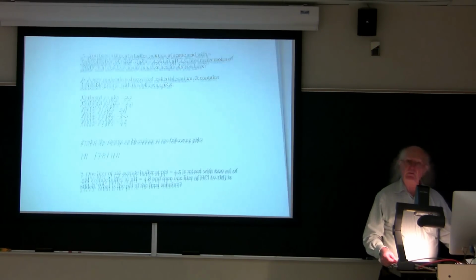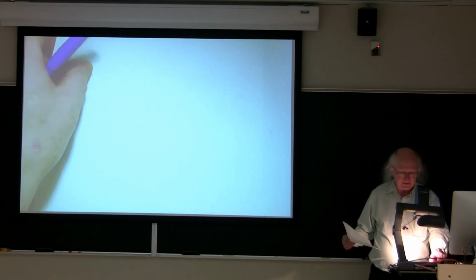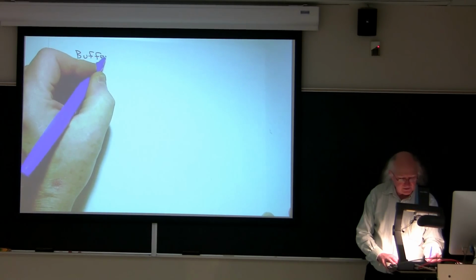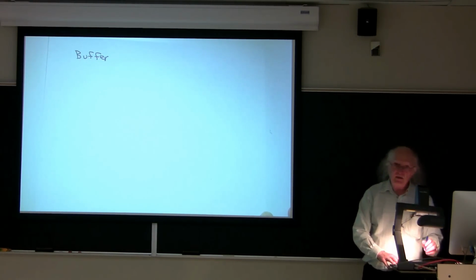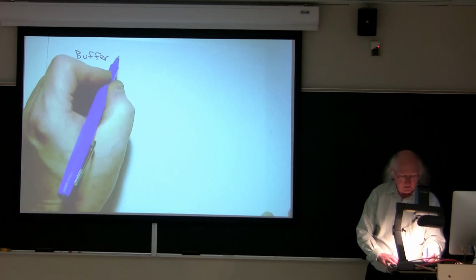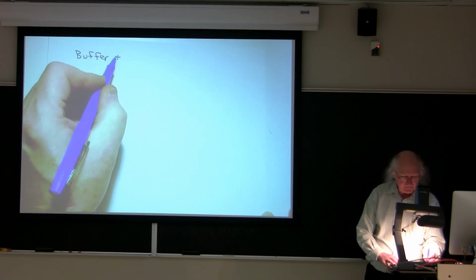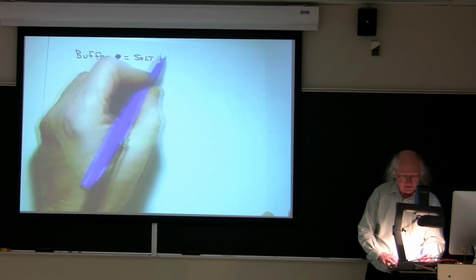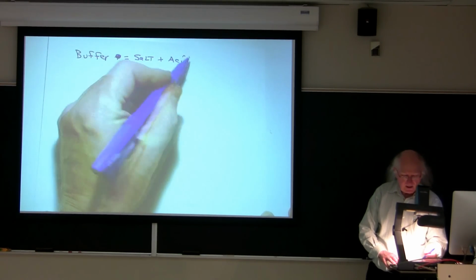It requires, first of all, that we remember something I talked about in class. I said that whenever you hear the term buffer, you should always think of two things. You think of salt and acid, and that the amount of a buffer is equal to the amount of salt plus the amount of acid. So I say buffer equals salt plus acid.